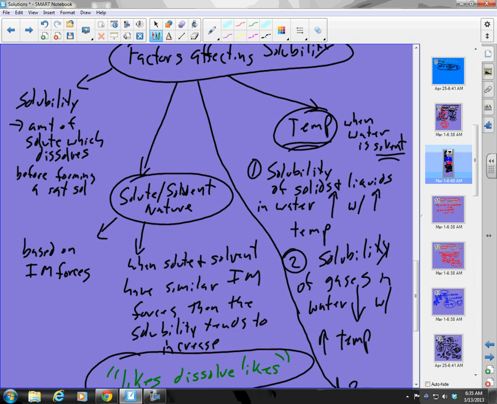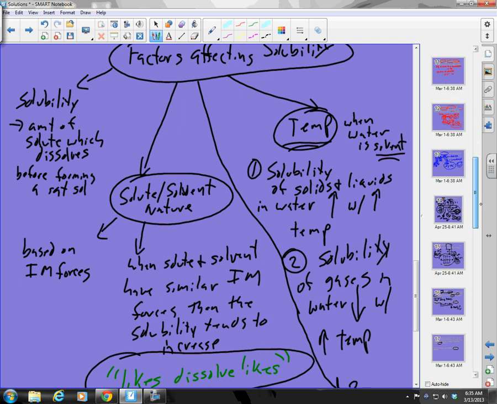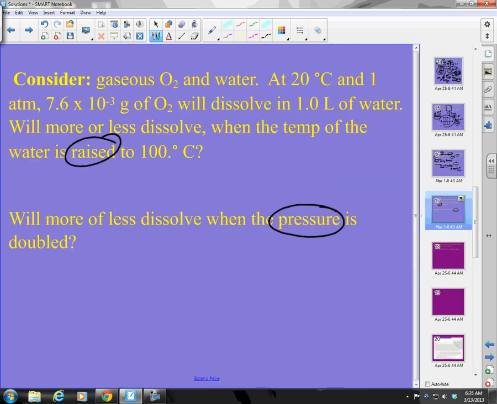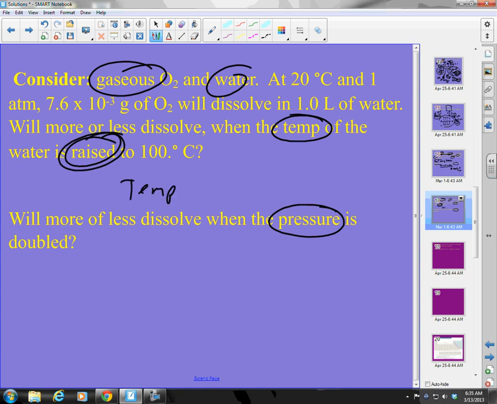The water will hold less oxygen. I was really kind of setting you up. This is kind of a trick question, right? Because I didn't give you the notes yet. I have gaseous oxygen and water. My temp is going to be raised. So temp goes up. What happens to the solubility of a gas? The solubility of the gas goes down.